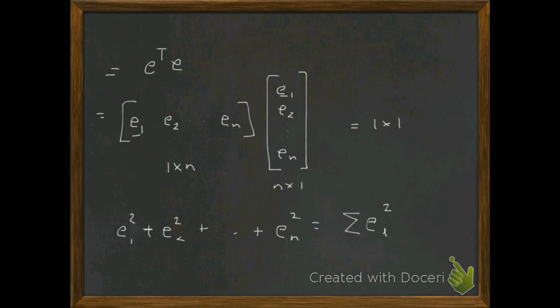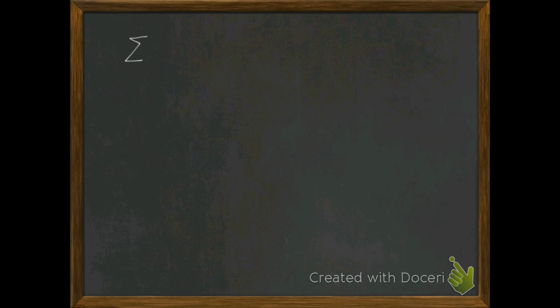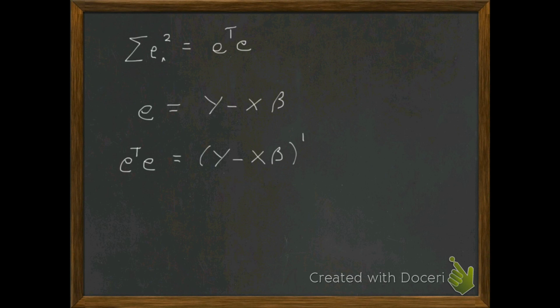So since we know that we can rewrite the sum of the e sub i squares as e transpose times e, easier to write than etas, then it would make sense that if we take e being equal to y minus x times beta, and we see the need to minimize this, then this term would clearly play an important role.